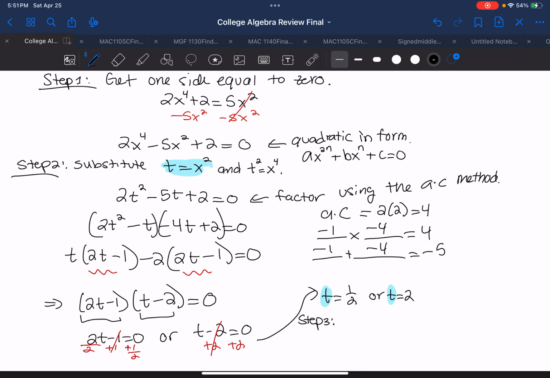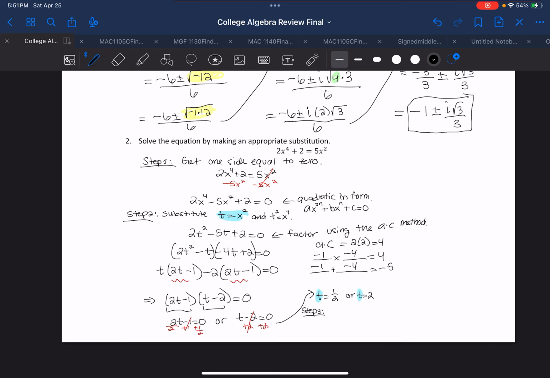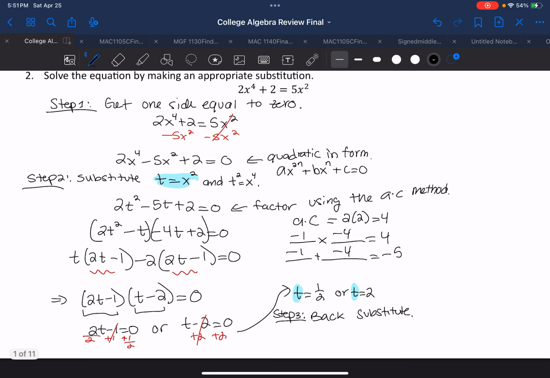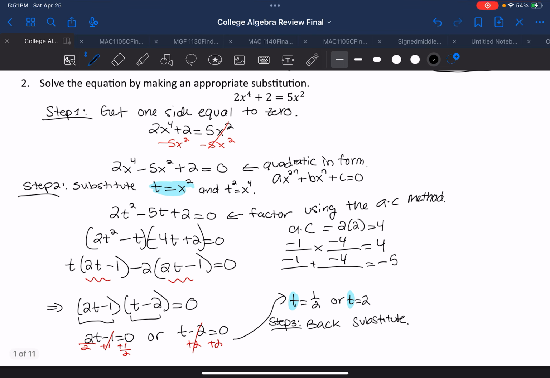Maybe that's a note you want to put on your flashcard so you don't forget to back substitute. So I will have x squared is equal to 1/2, or x squared is equal to 2, since that's what t was equal to. It was equal to x squared.